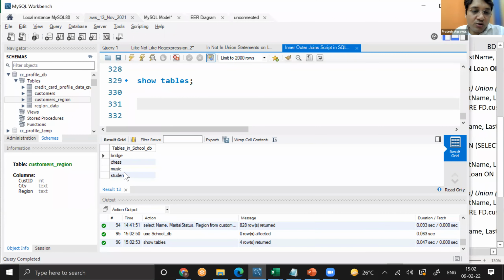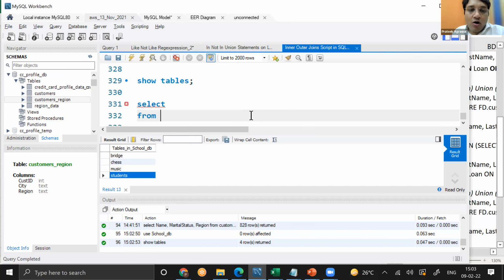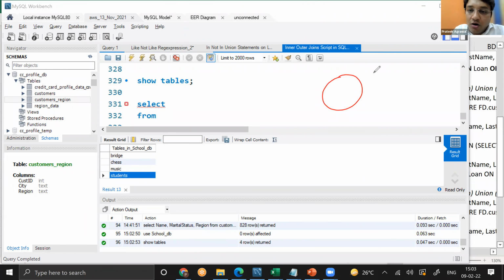So between the student music table and the student table, there is a common column called student ID or ID. So if I say I want all the rows from the student table, including those students who are playing musical instruments and the type of musical instrument they're playing, plus the students who are not playing musical instruments, right?